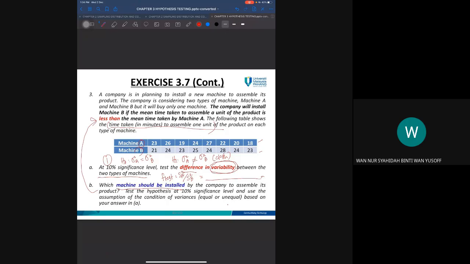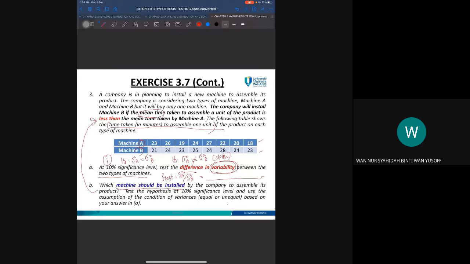The company will install machine B if the mean time taken to assemble a unit of product is less than the mean time taken by machine A.